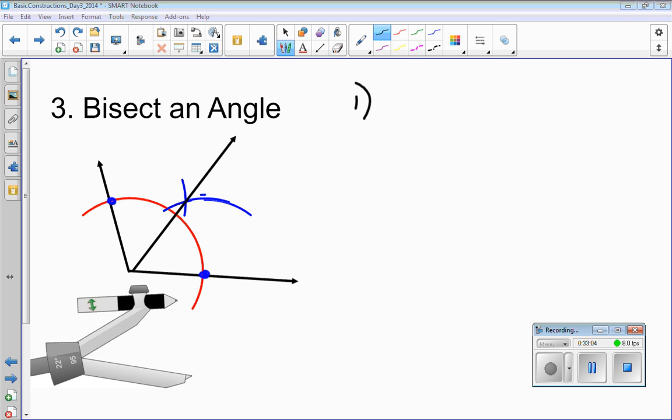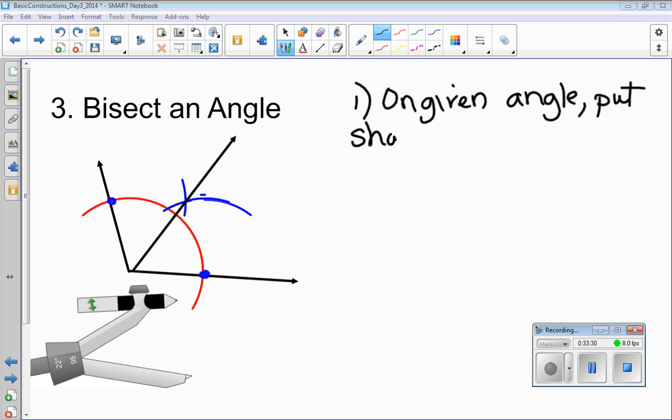The first step. Valan, what's the first step? On the given angle, what'd you do? Perfect. Okay? So on the given angle, put the sharp point on the vertex and draw an arc.